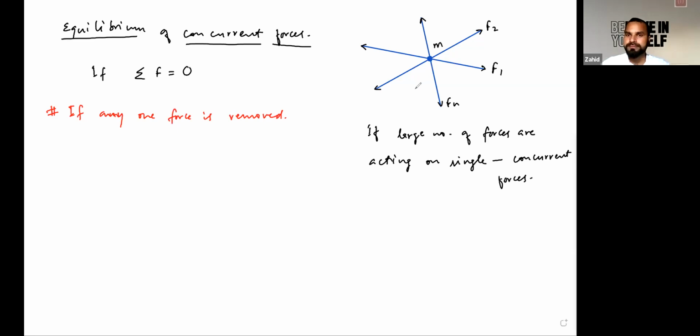Hamza, let's say this F1 is removed from this point. So define whether any acceleration would be there for this mass along any direction or not.